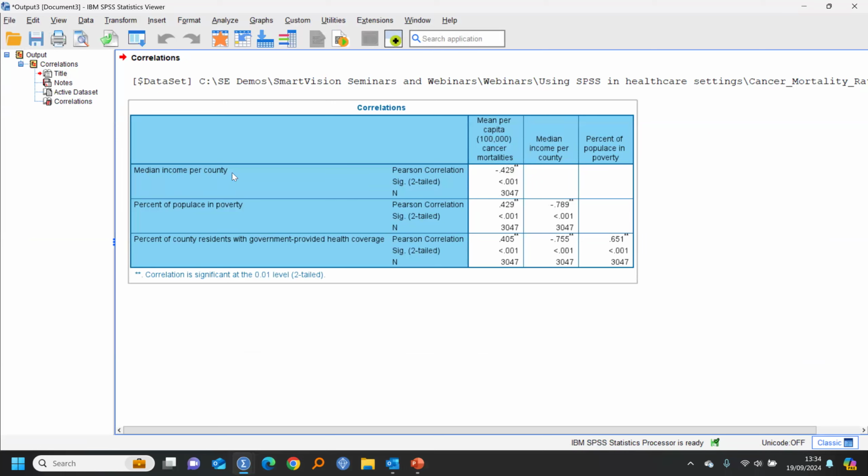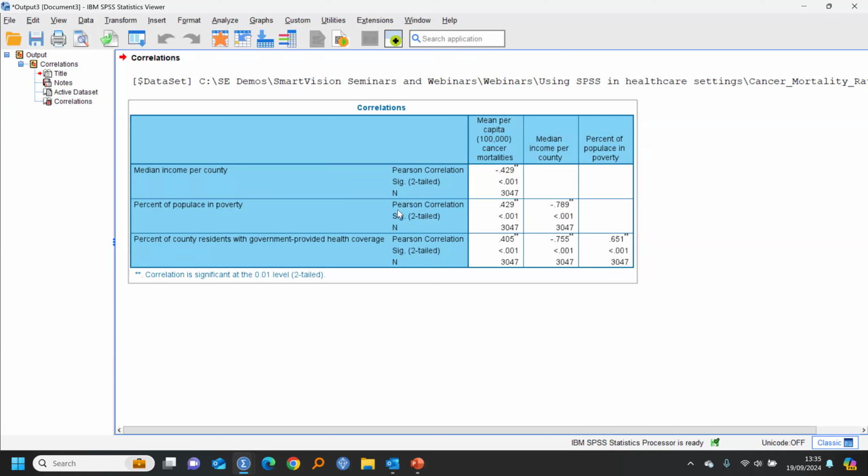So we can see median income per county has a negative correlation with cancer mortalities. So it's a minus correlation here. It's not the strongest correlation, but it's certainly statistically significant. It's just basically telling us that as median income increases, cancer mortality tends to go down. Whereas the opposite is true here.